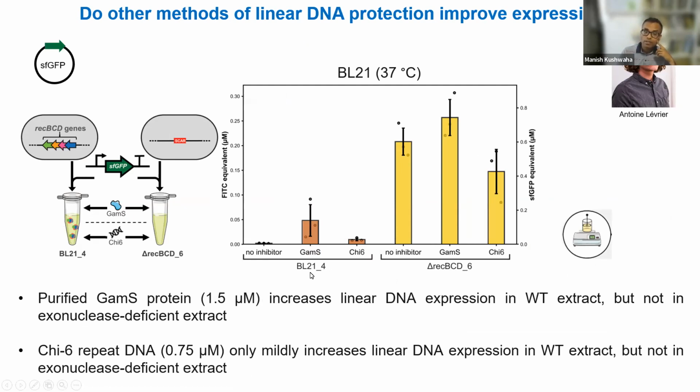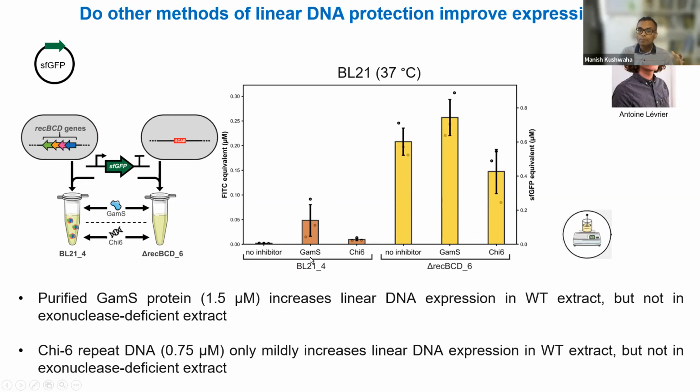So in this case, what we did was we used the wild type extract and we used the delta REC-BCD extract. And in both of these extracts, we added either GamS or Chi supplements. So before we did this, we already had optimized the right amount of GamS that would give us the best protein expression in our lysate.